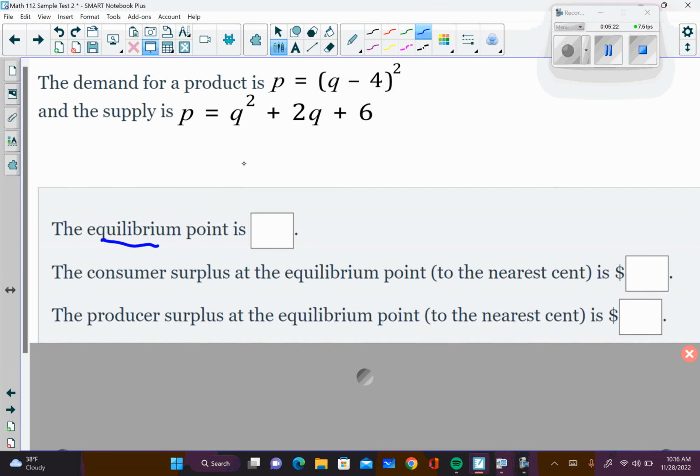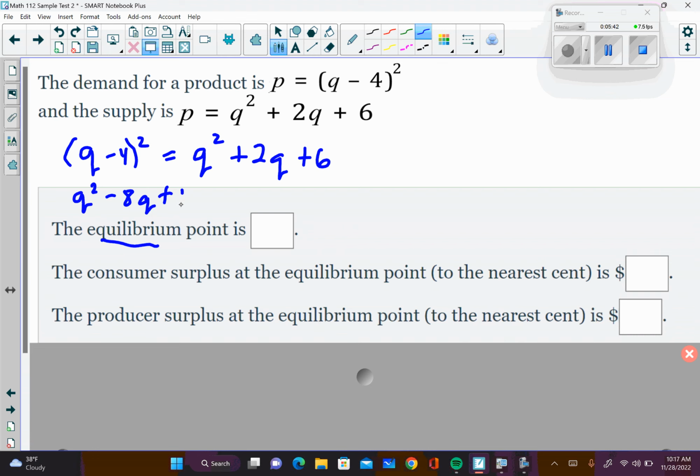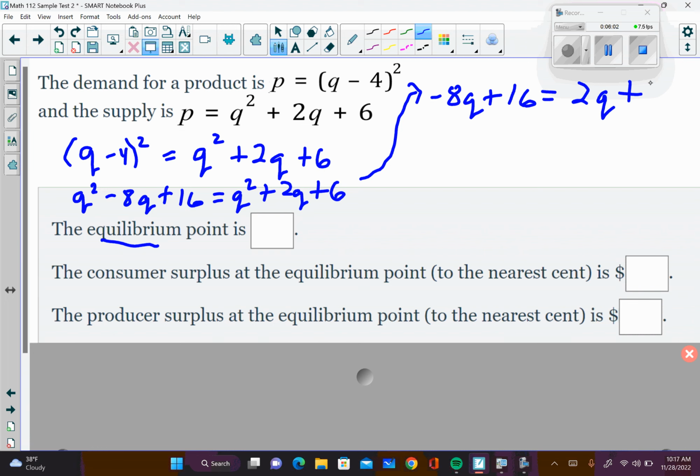Equilibrium point is when the demand and the supply are equal. So that would be when (Q minus 4) squared is equal to Q squared plus 2Q plus 6. When we square, (Q minus 4) times itself is Q squared minus 8Q plus 16, equals Q squared plus 2Q plus 6. If we subtract Q squared from both sides, we get negative 8Q plus 16 equals 2Q plus 6.